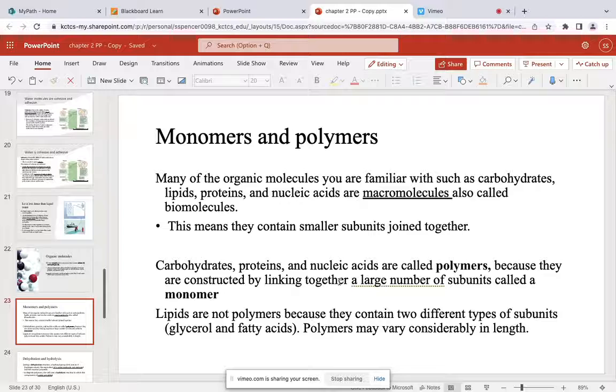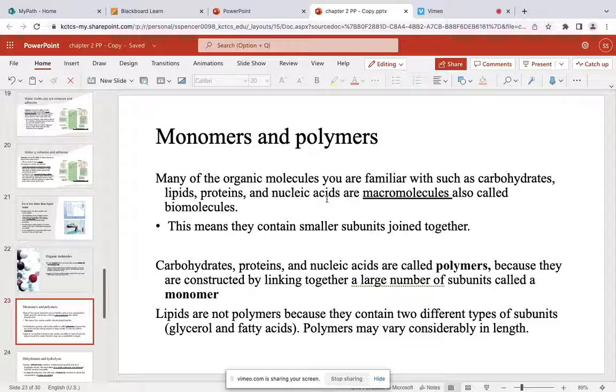So we have these different monomers and polymers, right? Monomer is just one subunit. Polymers are multiple connected together. They come together to form these things called macromolecules or biomolecules. And all macromolecules are the things in your dietary needs, right? Your carbohydrates, your lipids, your proteins, and something called nucleic acids. And nucleic acids, what you'll see later on, is what makes up your DNA. We'll talk about that a little bit later on.